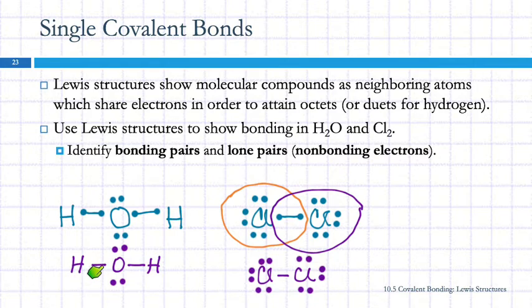And when we look at this bond, this line, we understand that's a pair of electrons being shared. And so when you're still getting used to what this looks like, you might want to put the dots on there, just to remind yourself, oh, yeah, that's 2 electrons.